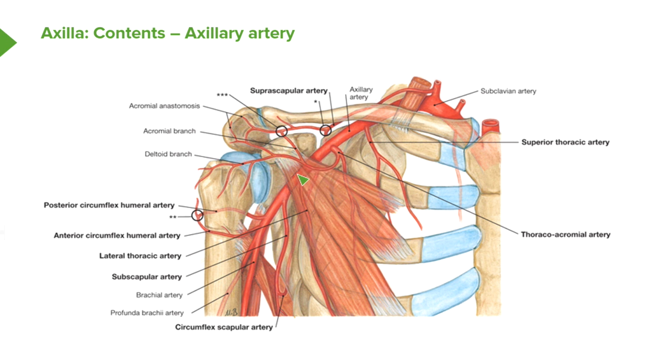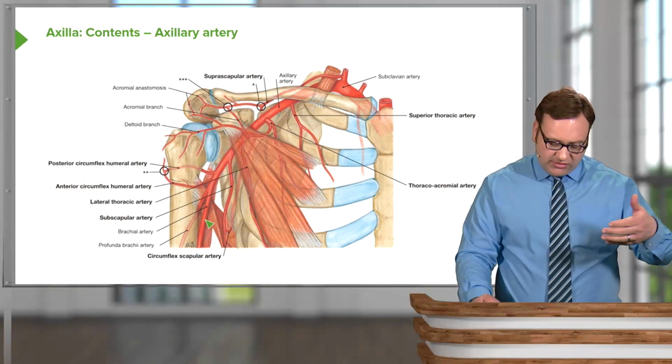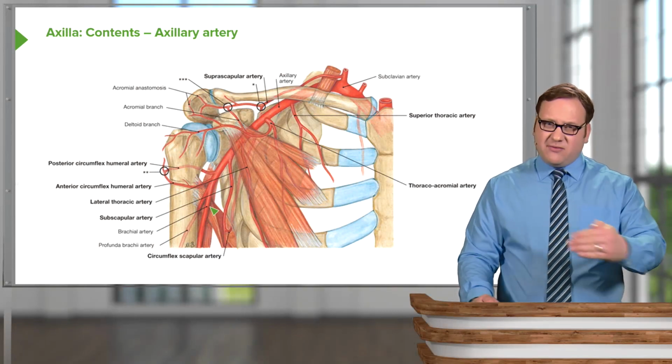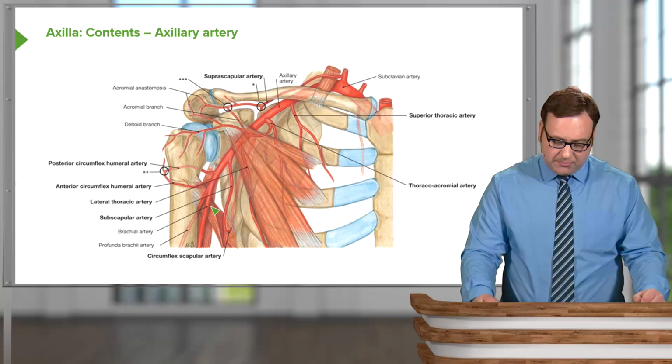The second part is directly deep to pectoralis minor. And the third part is from this inferior boundary of pectoralis minor all the way down to the lower border of the axilla, where the axillary artery then becomes the brachial artery. And that's typically at the inferior border of teres major.